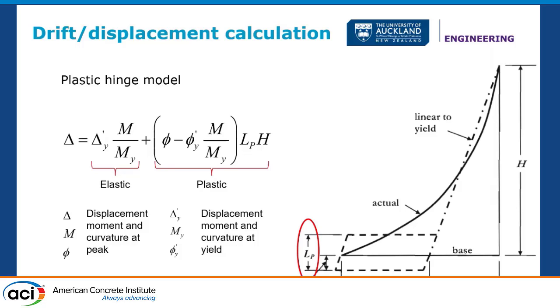So this theory is plastic hinge theory, right? And it lumps all the plasticity into the plastic hinge length at the bottom of the column, which is made of strain penetration, the part of the strain in the bar that penetrates into the foundation, and the part on top of the foundation in the column.